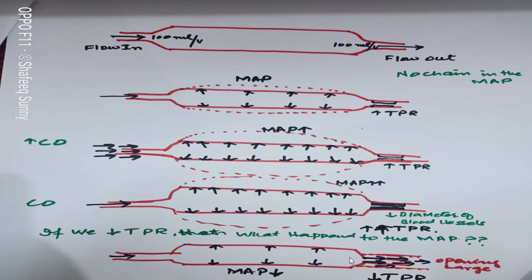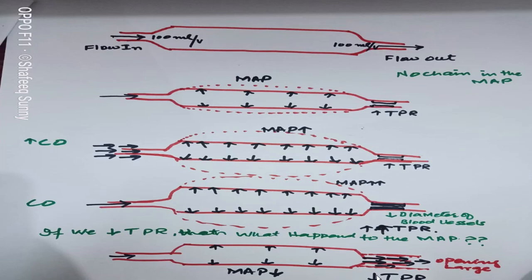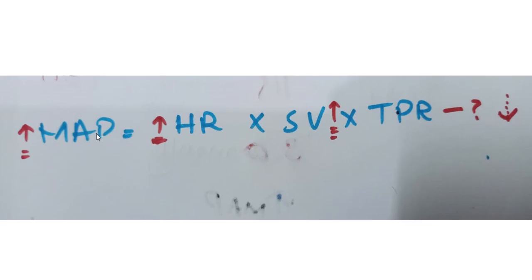Here in this scenario you can check that cardiac output is increased, mean arterial pressure is increased, and total peripheral resistance will be decreased. It will be clear in the next diagram, the next equation.